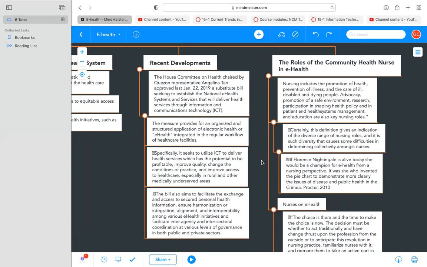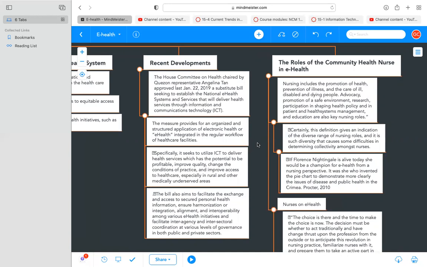The measure provides for an organized and structured application of electronic health or e-health integrated in the regular workflow of healthcare activities.